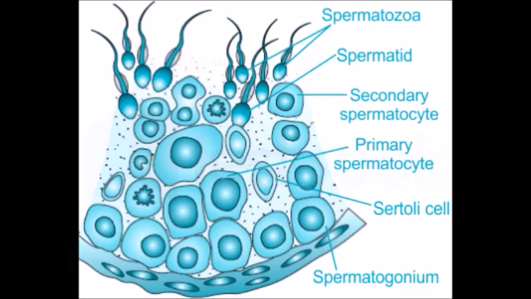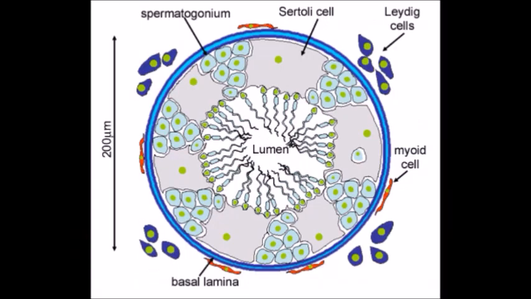The regions outside the seminiferous tubules, we call interstitial spaces, which contain blood vessels and interstitial cells, or Leydig cells. The Leydig cells synthesize and secrete testicular hormones called androgens. Other immunologically competent cells are also present.